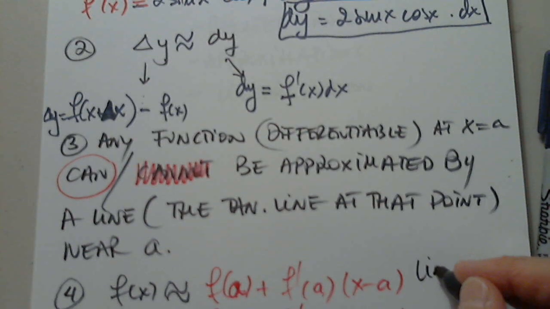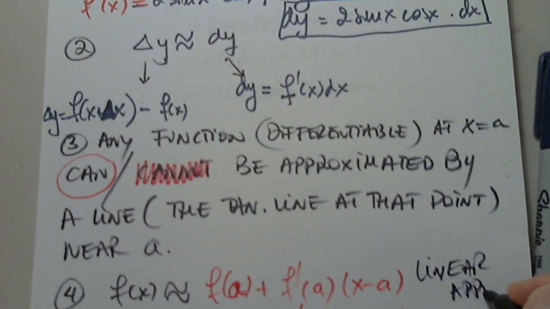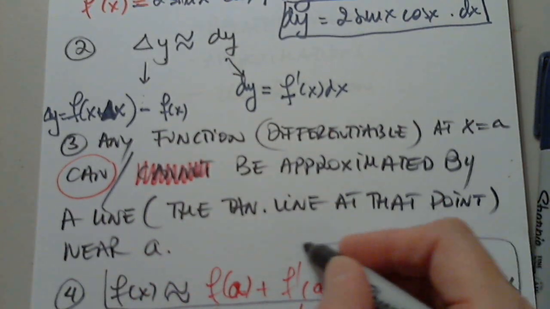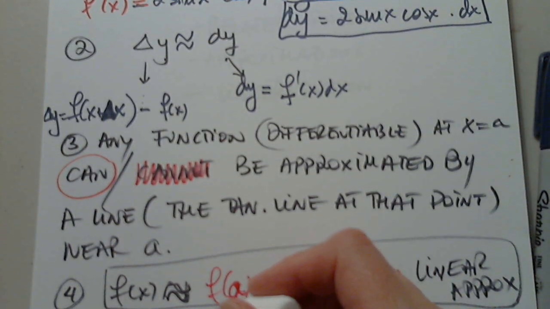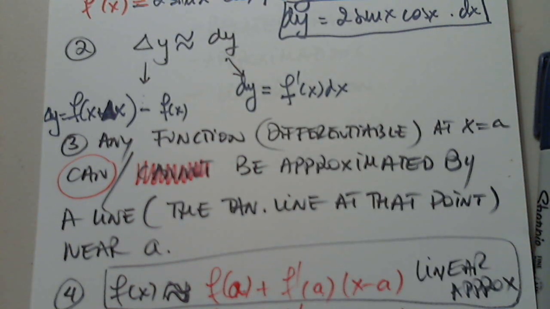This one with the squiggly symbol is the linear approximation, and this one with the equal symbol is called the linearization. Exactly the same formula, and exactly the same formula as the approximation using differentials.